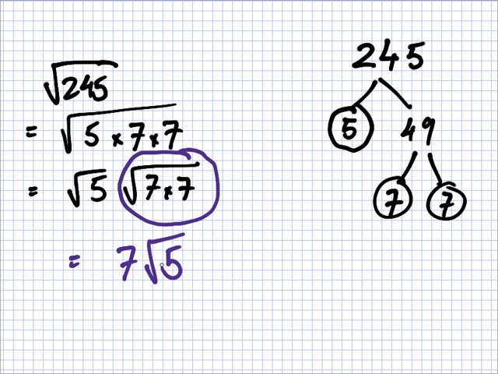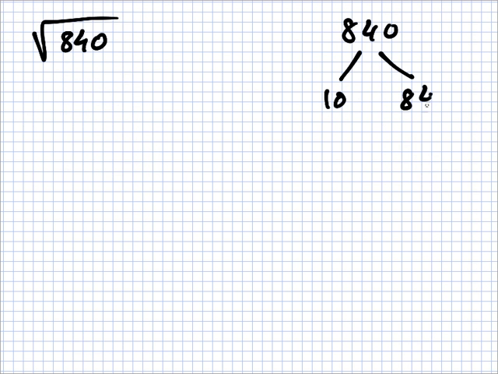Alright, let's do another example. Let's do a bigger number. Root 840. What's the obvious multiplication here? 10 and 84 would be the obvious one. 10 is obviously 2 times 5, and we have to stop.